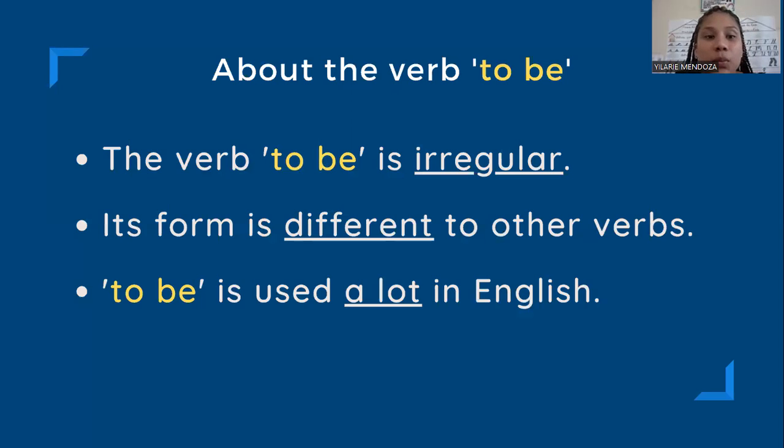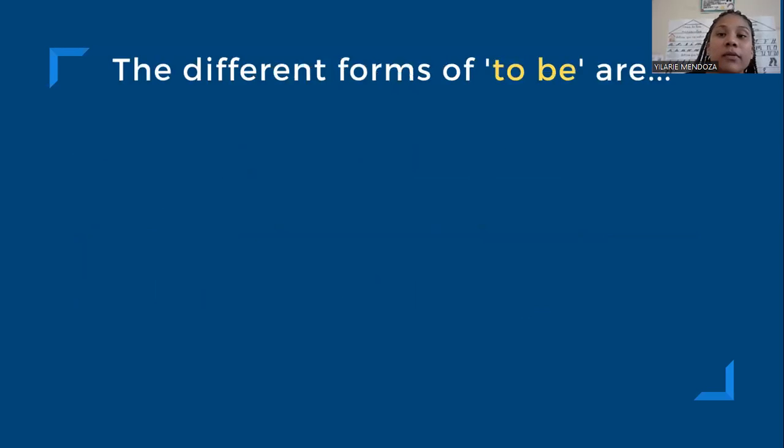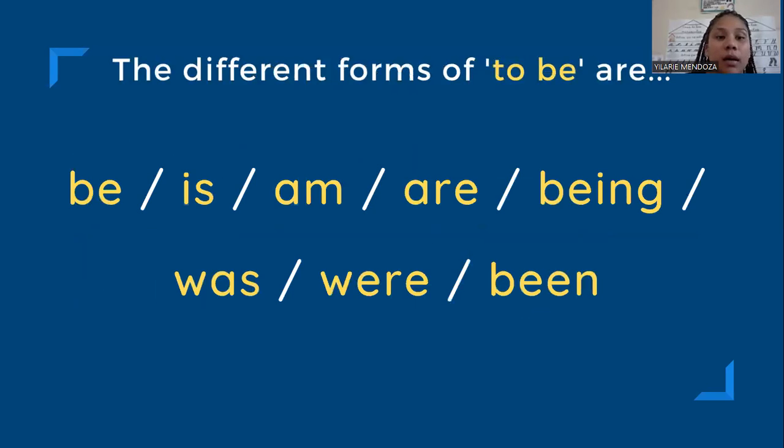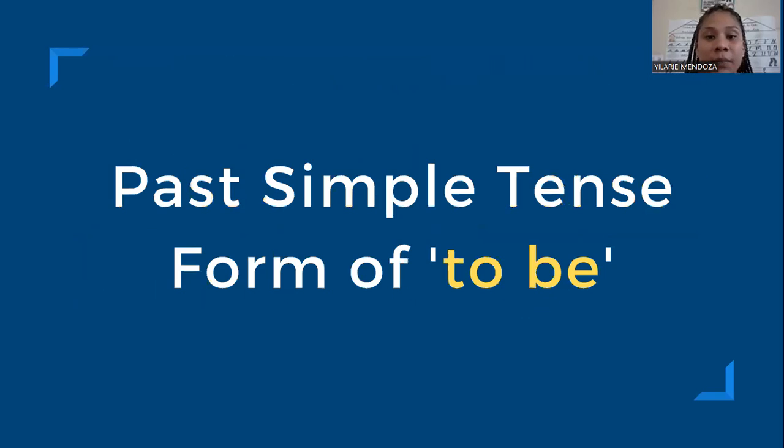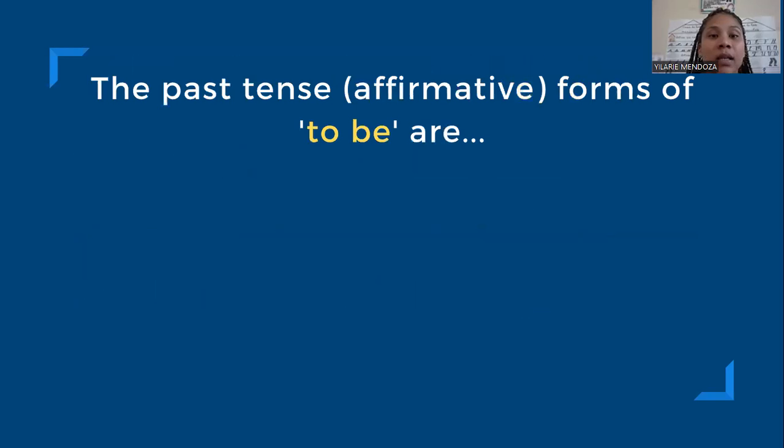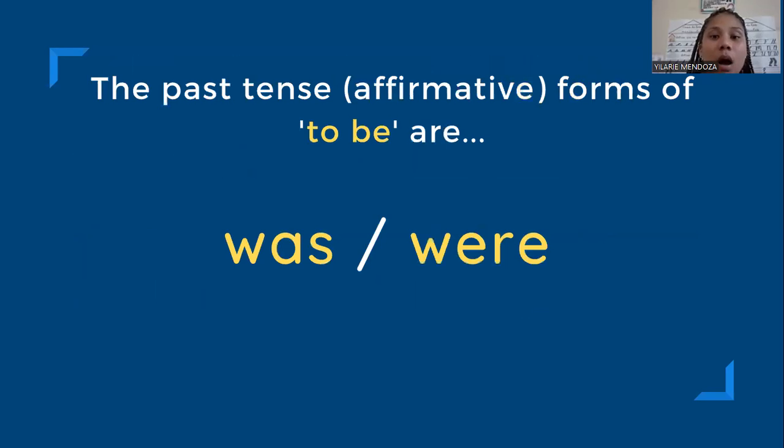About the verb to be. The verb to be is irregular. It has a different form, and the verb to be is used a lot in English. The forms are be, is, am and are, being, was, were and been. In the past simple tense, the correct forms are was and were.